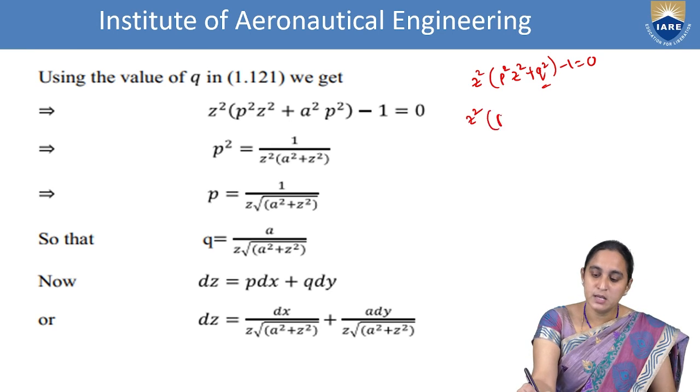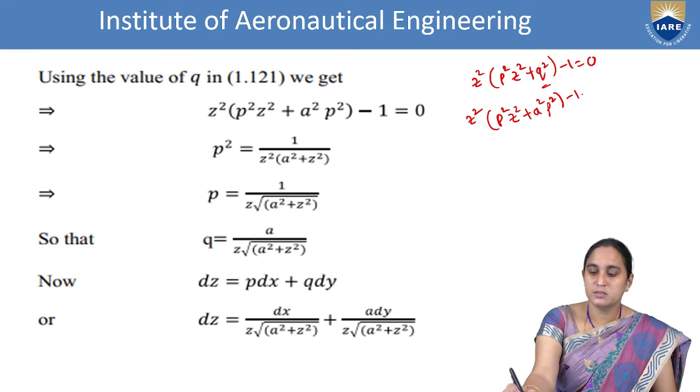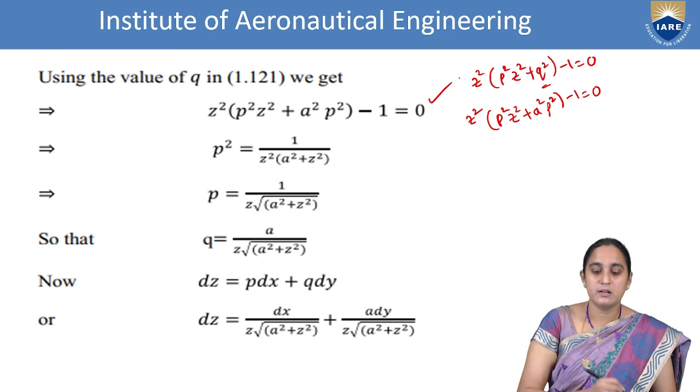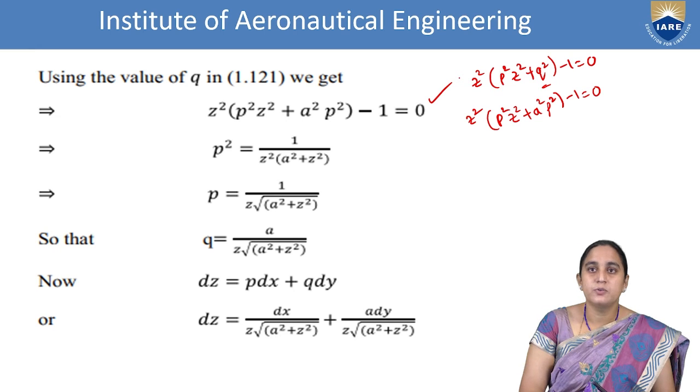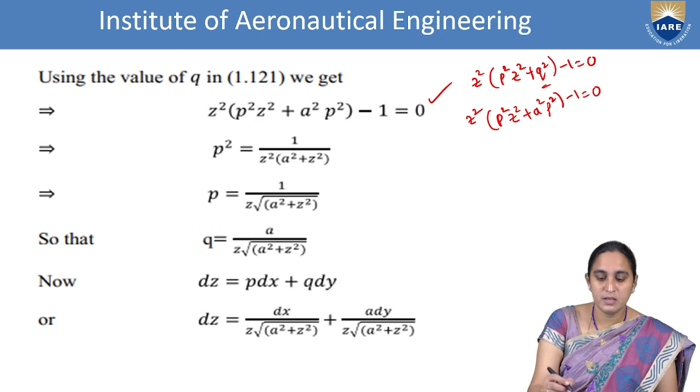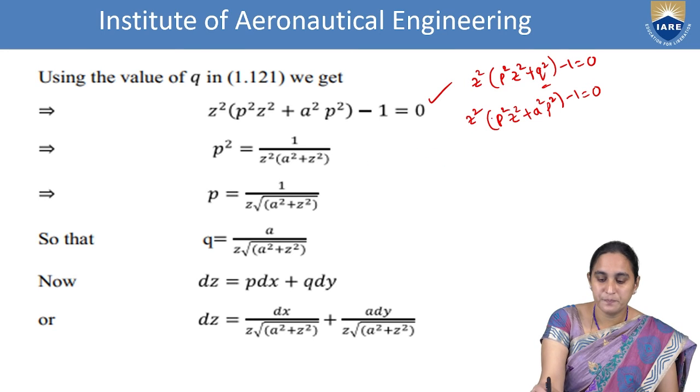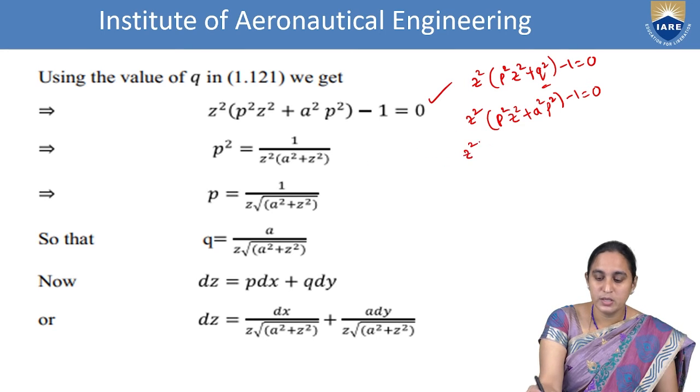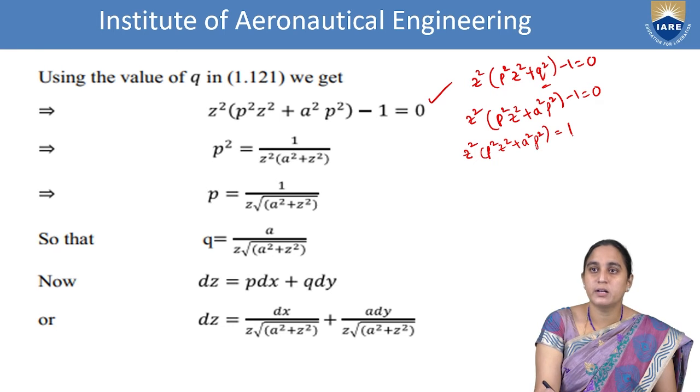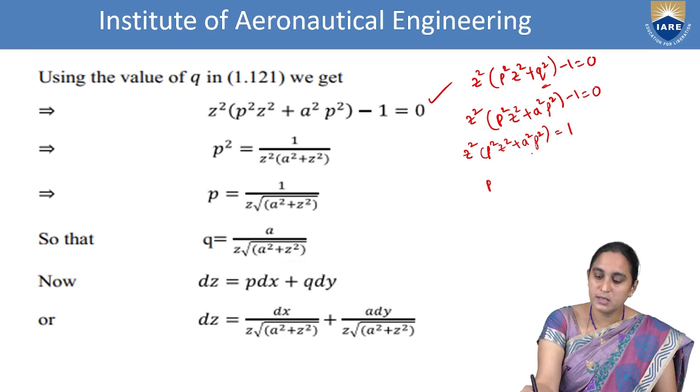a p. That is p square z square plus a square p square minus 1 is equal to 0. That's why I got here z square into p square z square plus a square p square minus 1 is equal to 0. From that, z square into p square z square plus a square p square is equal to 1.